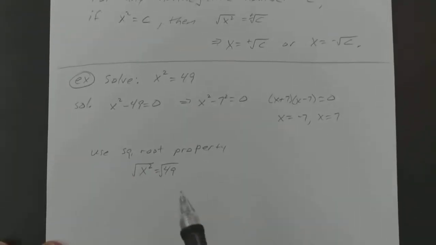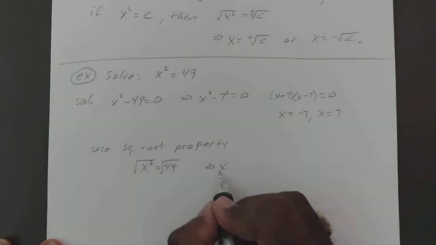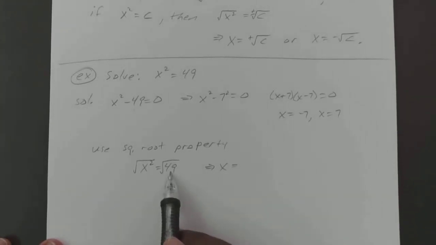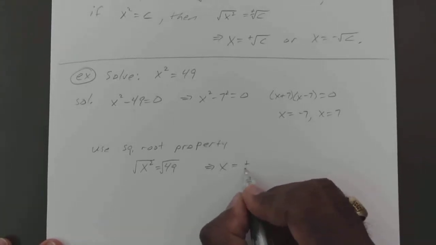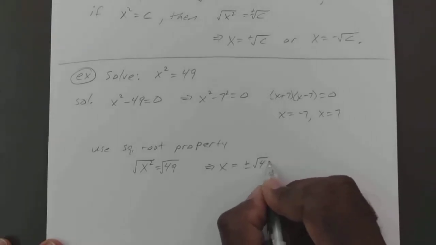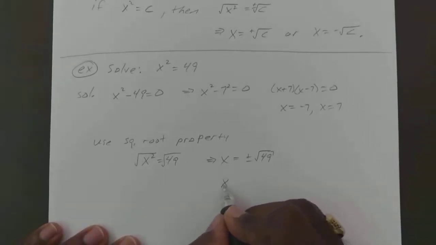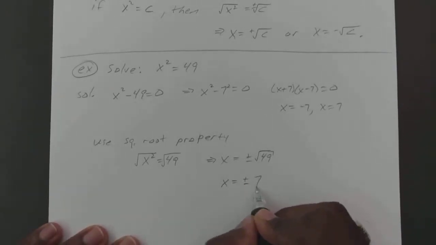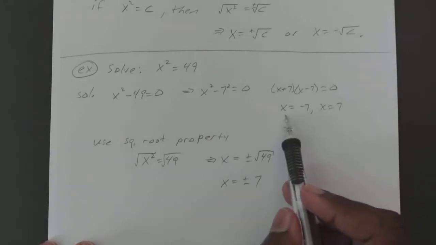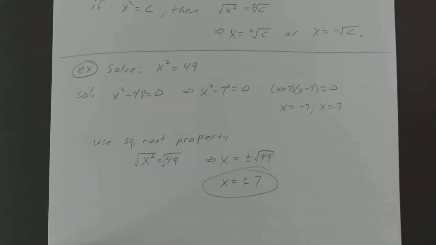So the square root of x squared, that cancels out and just gives you x. So that's plus or minus the square root of 49, where we know the square root of 49 is 7, since 7 times 7 is 49. So x can equal either positive or negative 7, which is the same answer we got up here with a lot less work.